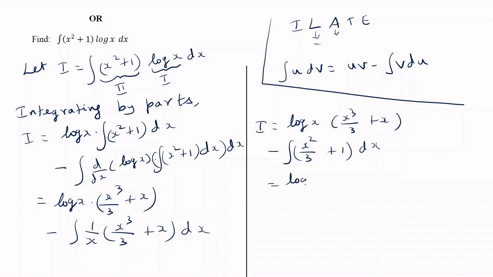So this is log x into x cube by 3 plus x, minus integral x square by 3 plus 1 dx. Integral of x square is x cube by 3, that is already by 3, so it is x cube by 9. Then minus integral dx is x, plus the constant of integration c. So this is the integral of (x square plus 1) log x dx.